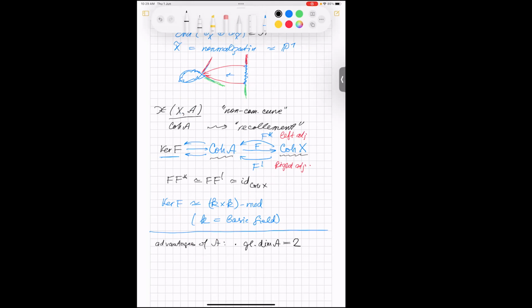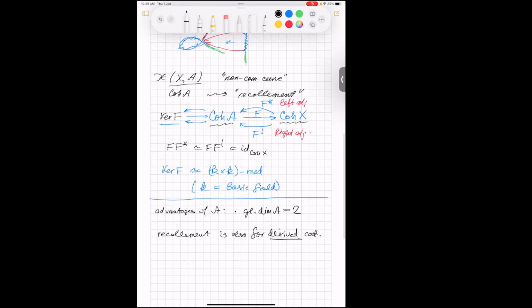Moreover, the same recollement also holds for derived categories of coherent sheaves on A and on X. And moreover, we can calculate the so-called derived dimension of A in the sense of Rouquier.